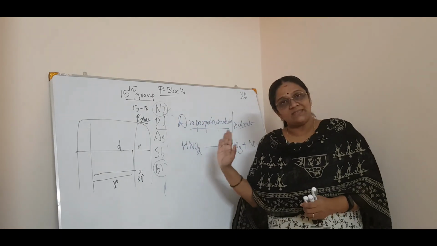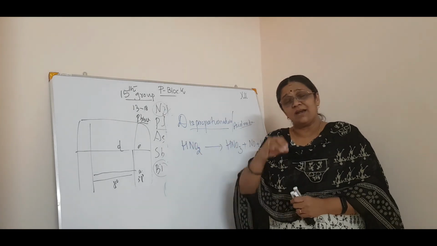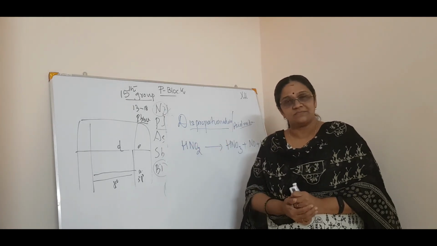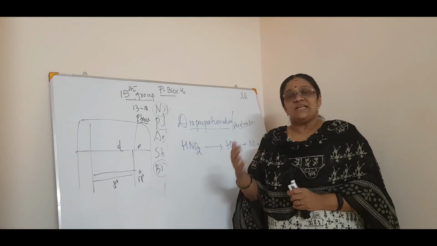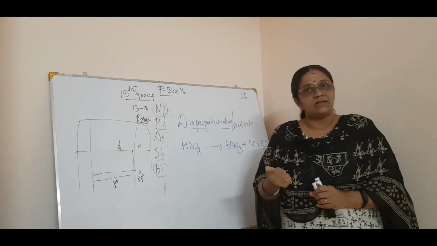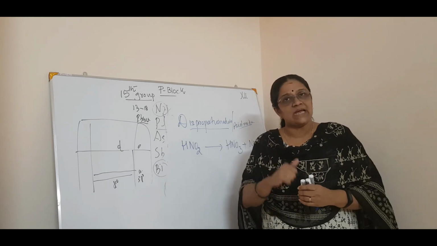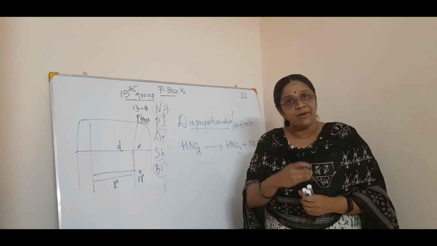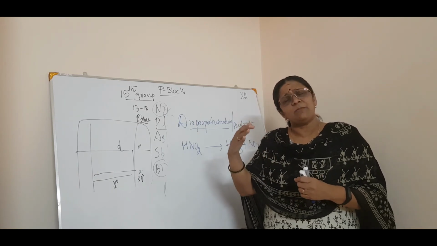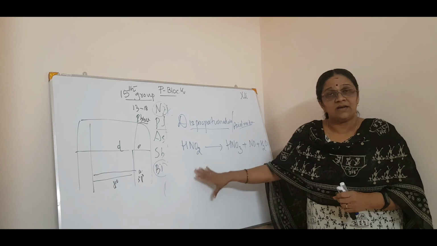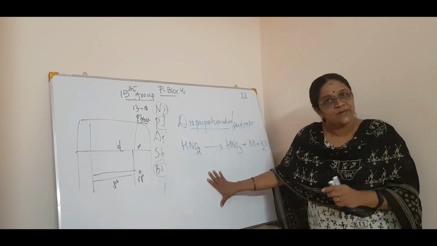Whenever you write an equation, please remember, in p block elements, a number of equations are coming. Our equations are just starting. If you come to nitrogen, there are preparations, and in preparation also there are many types: industrial preparation, lab preparation, how you prepare very pure nitrogen. So in this entire chapter there may be hundreds of equations.